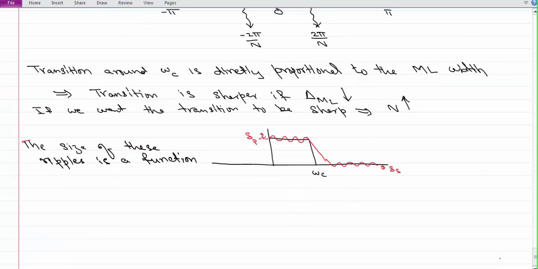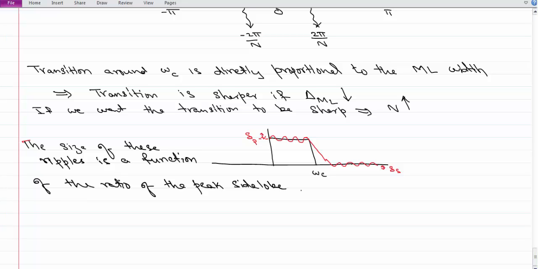It's really a ratio of the peak side lobe height to the main lobe height.